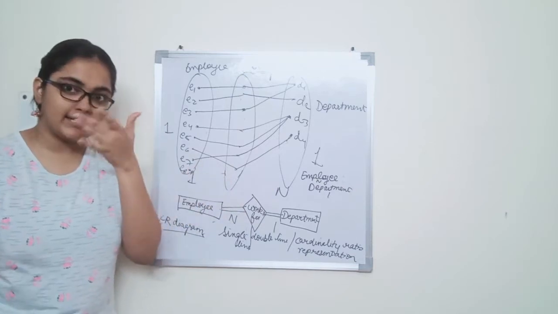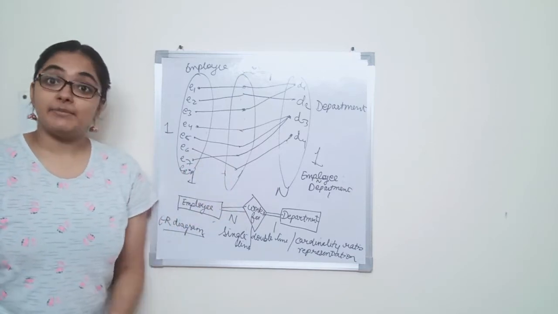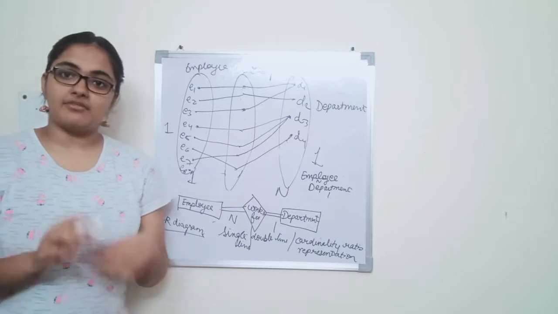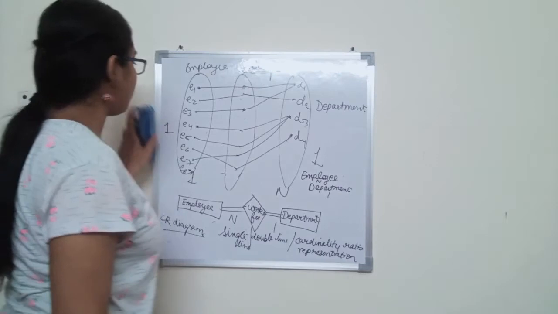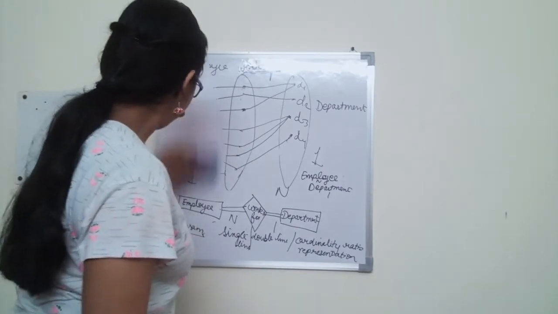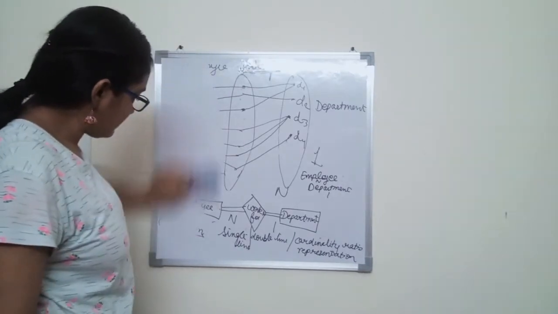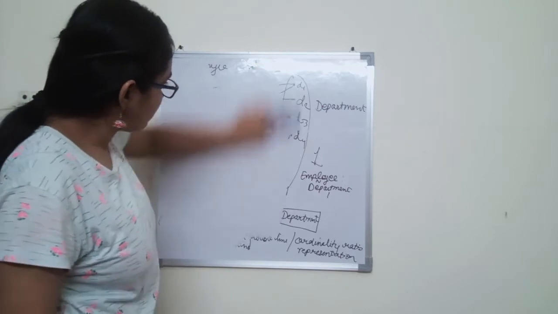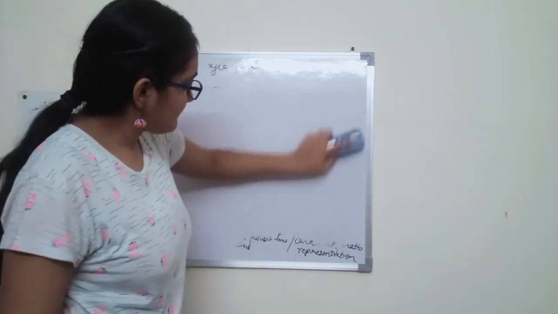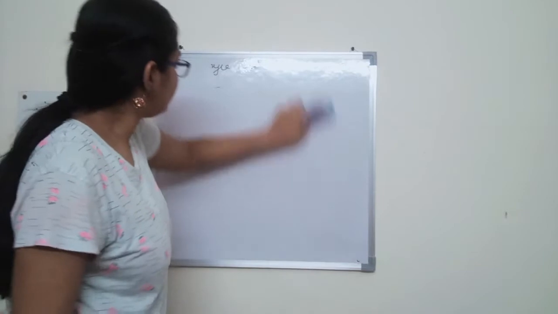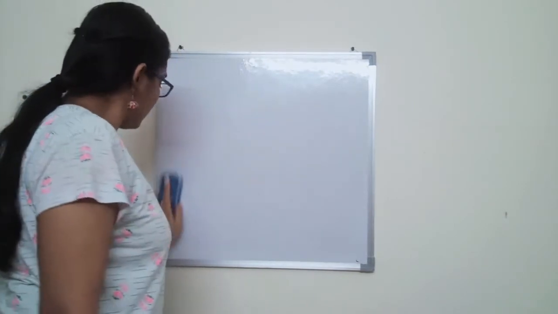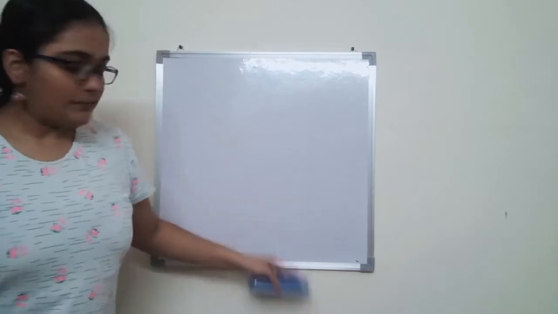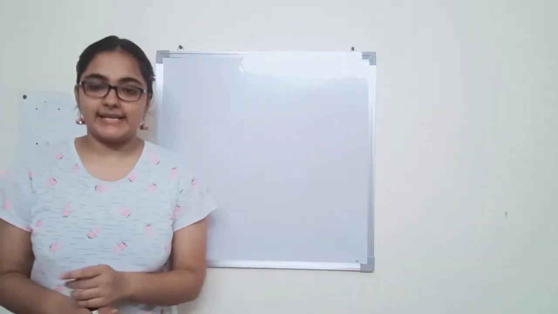Now we will look at another example of a 1:1 relationship, and after that an m:n relationship. So let's look at it. Let us say the requirements are like this.